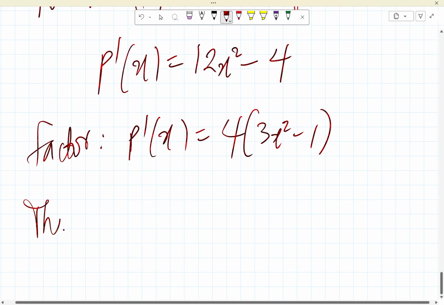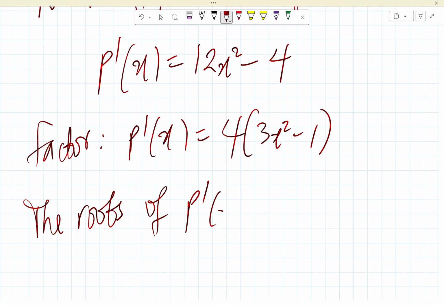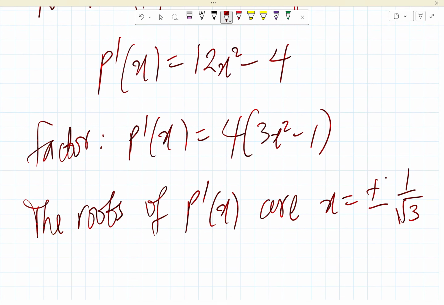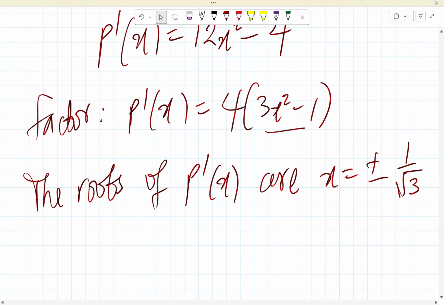So the roots of P prime of x, when we equate this to 0, we just have 3x squared minus 1 equals 0. So that means x is equal to plus or minus 1 over root 3.